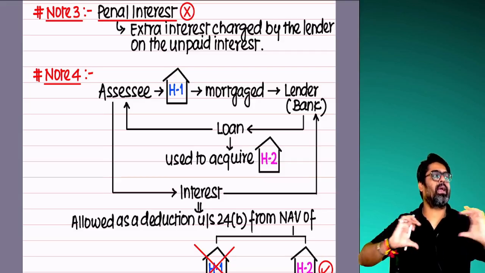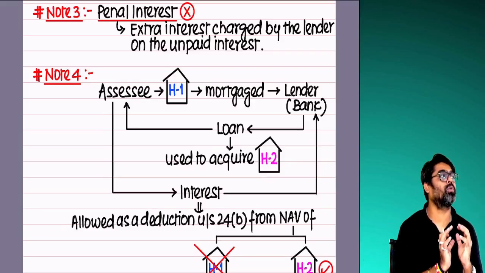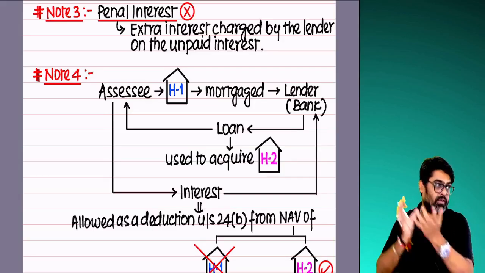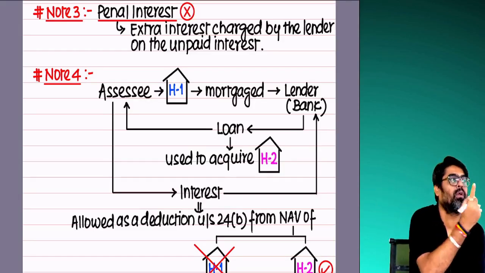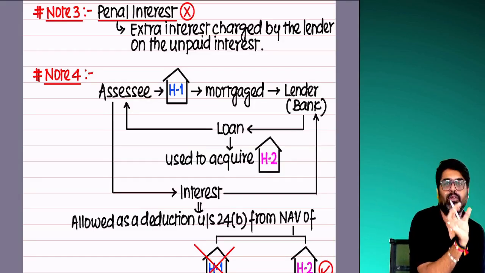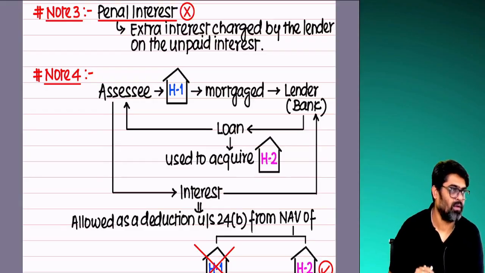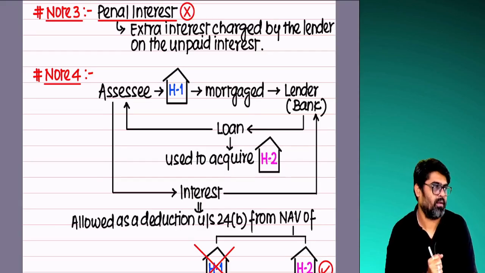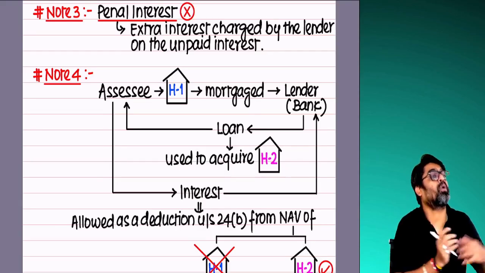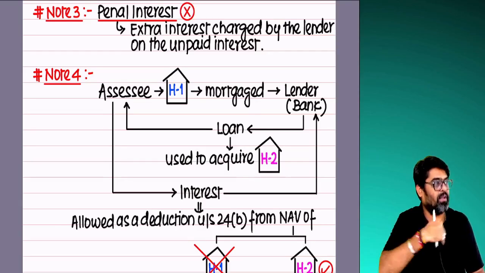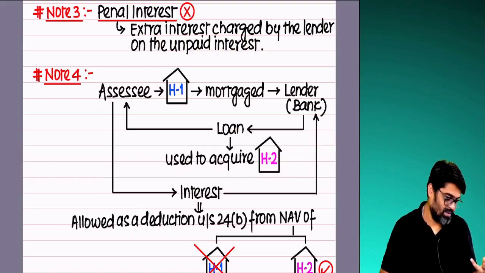Now, from which annual value are you going to claim the deduction for this interest on housing loan? Interest on housing loan is only one, so interest is also only one amount. Now you have a confusion that from which property's annual value I should claim this interest. Hyderabad or Chennai?